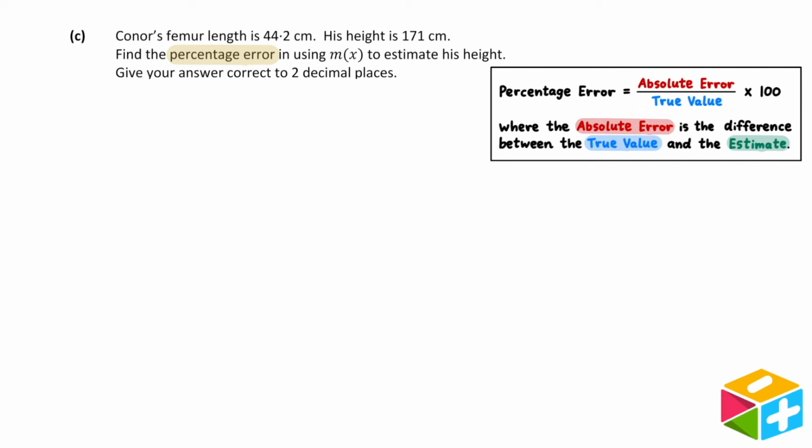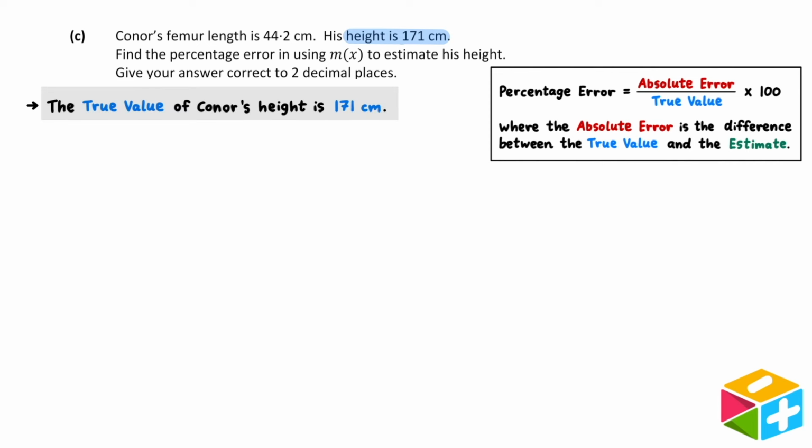So to be able to calculate our percentage error, there's a few things we need to identify: the true value, the estimate, and the absolute error. Let's start with the true value. We are told that Connor's actual height is 171 centimetres. So the true value of Connor's height is 171 centimetres.